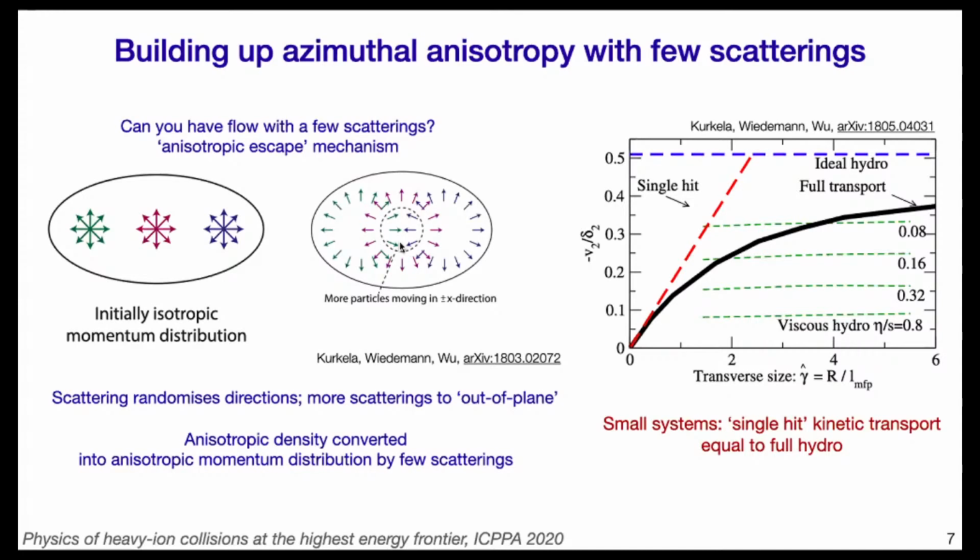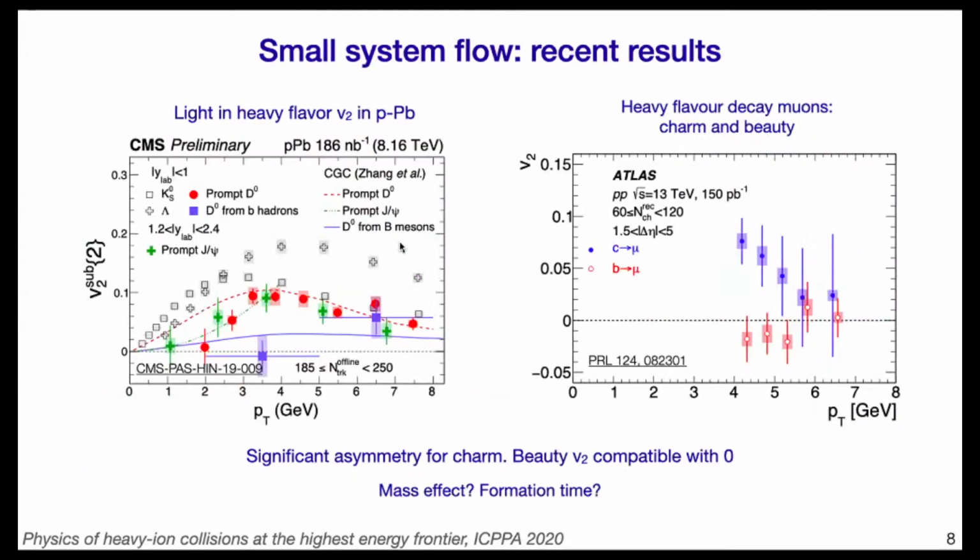And to show you a few recent developments on this, I wanted to show this summary of measurements of this same effect now with heavy flavor quarks. So you see on the left a summary which contains light and heavy flavor quarks of this V2 effect in proton-lead collisions. The red points are the charm measurements, which seem to participate in the flow. And on the right, you see that from semi-leptonic decays of charm particles.